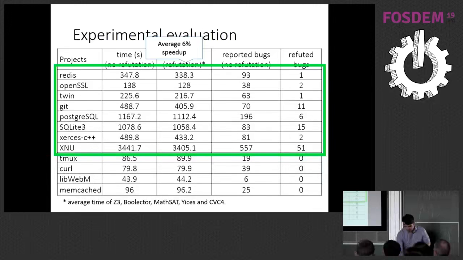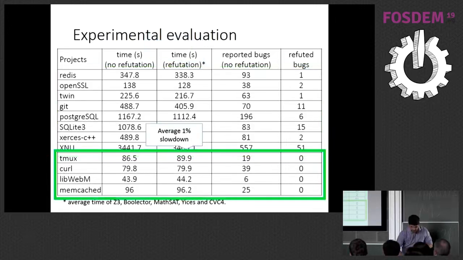On the projects where we didn't remove any bug, on average there is a 1% slowdown. So these are really good results, because when we can do something, when we remove bad results, we are actually faster. And when we don't, the overhead is minimal. It's a 1% slowdown.